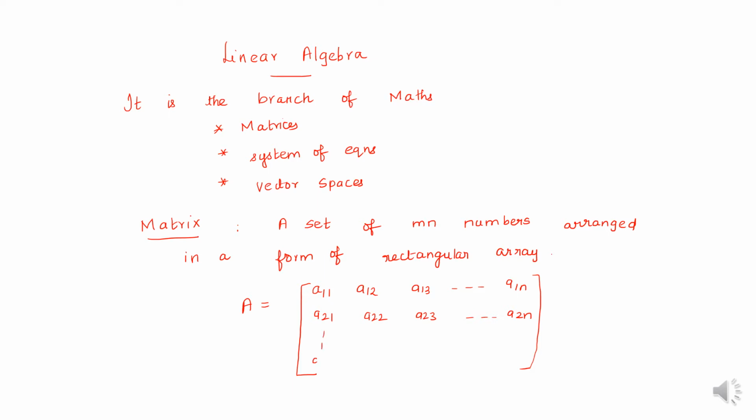Next, Am1, Am2 up to Amn. So it consists of m rows. Here, the horizontal ones are rows and the vertical ones are columns. m rows and n columns. This is the m cross n matrix.